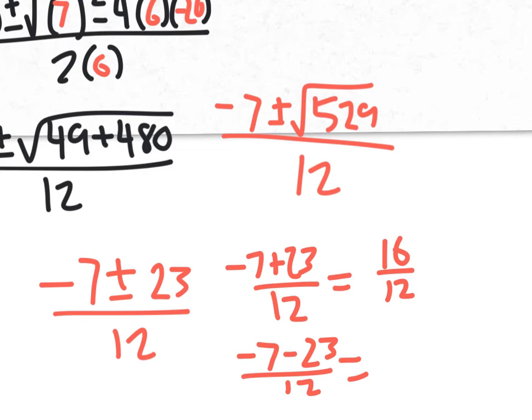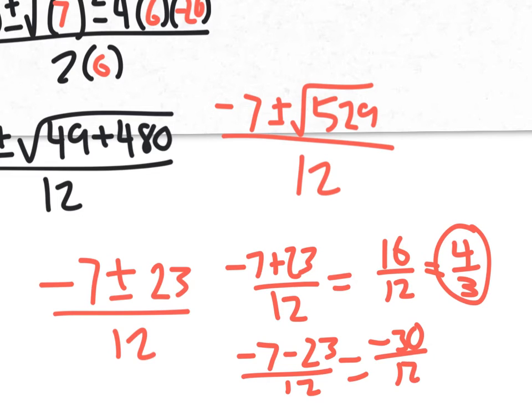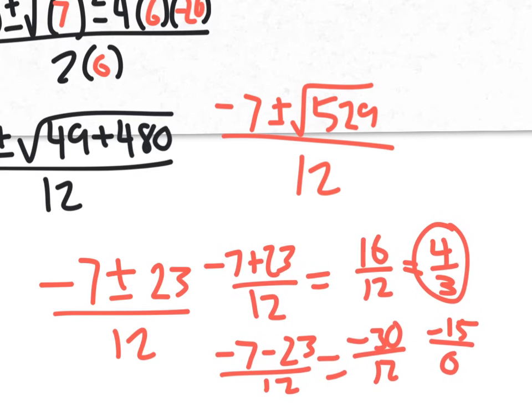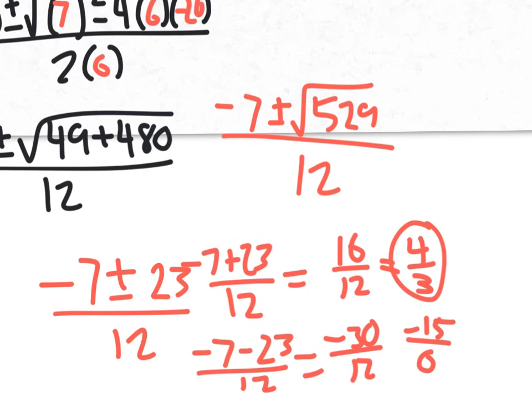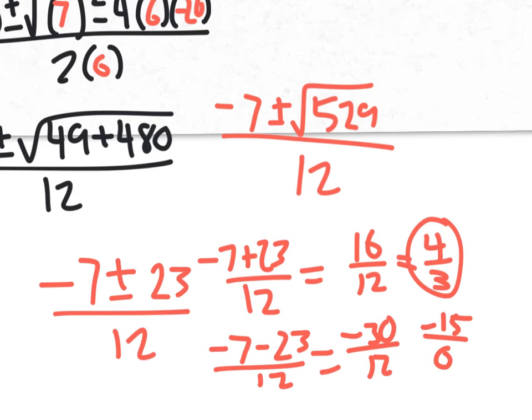And that answer could reduce at least down to 8 over 6, 4 over 3. So there's one answer if it were an equation. And the other one would be -30 over 12, which reduces down to -15 over 6. And then if you reduce it by 3, it reduces down to -5 over 2. So those are our two answers if it were an equation.